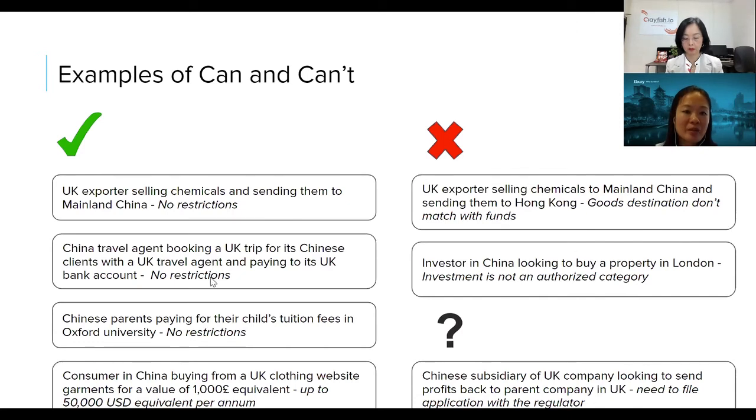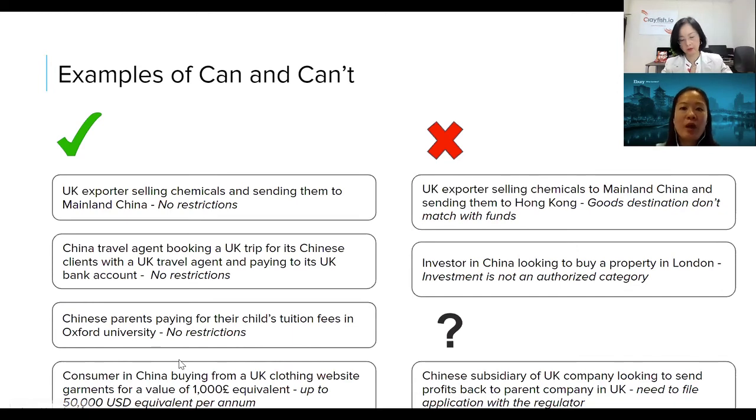Then another example: a China travel agent that works with Chinese customers who want to travel to the UK, and then they work with a UK travel agent. In this case, this China travel agent would be able to pay into the UK bank account, and there would be no restrictions. To be a bit quicker here, a consumer in China buying from a UK clothing website would have a limit of up to 50,000 USD equivalent per annum that they'll be able to pay.